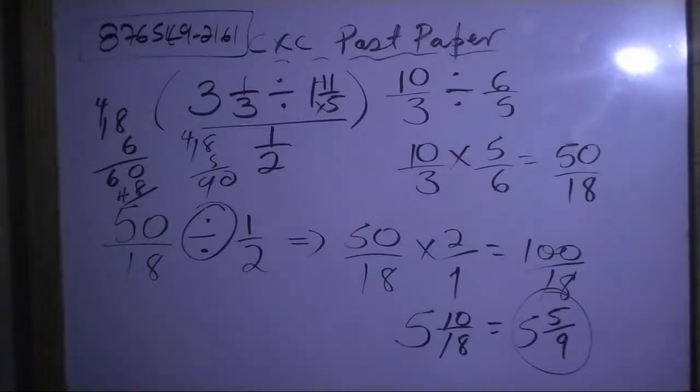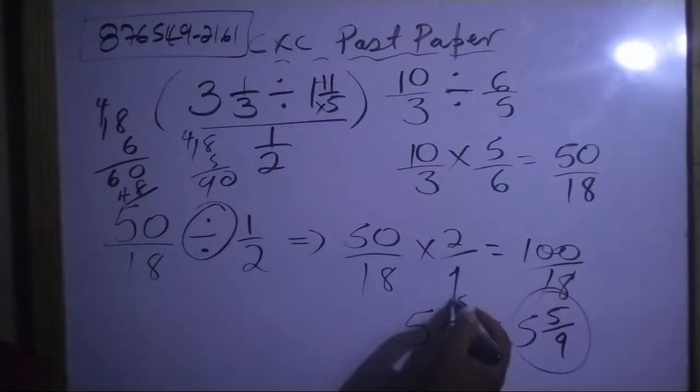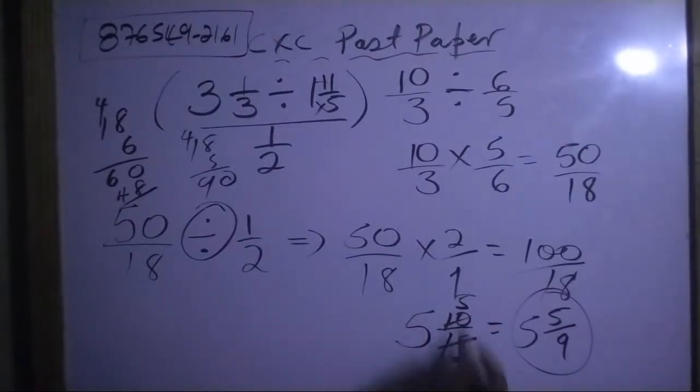Are we confident that we can get it correct in the examination? Somebody said it can be cancelled. Oh yeah. Remember we could use 2 into this 50, 5 times, and 2 into this 18, 9 times. So that's how I got that.